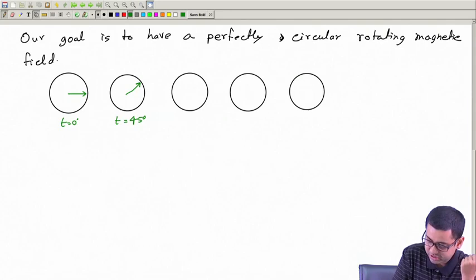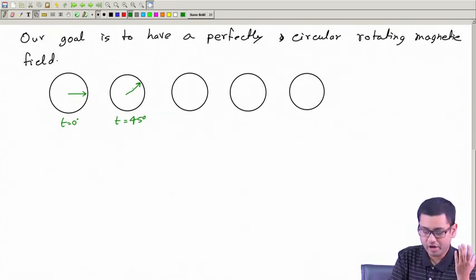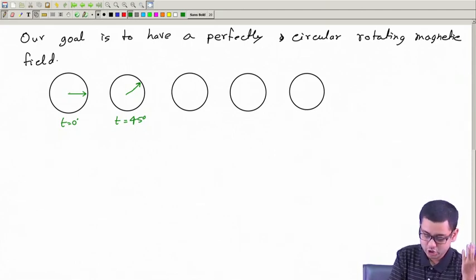So, the length of this, which denotes the strength or how strong the magnetic field is, should be same, but the direction should be at a 45 degree angle.